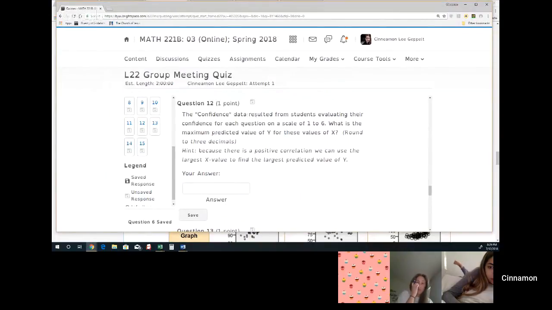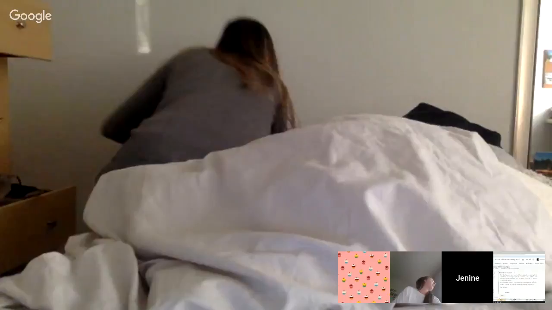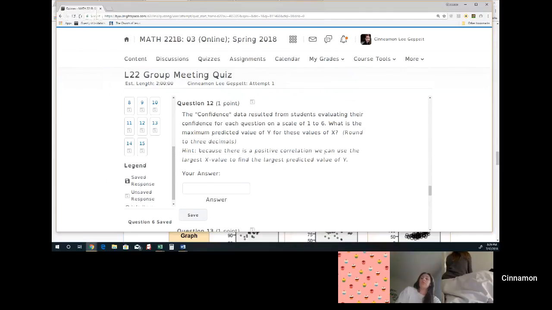The confidence data resulted from students evaluating their confidence for each question on a scale of 1 to 6. What is the maximum predicted value of y for these values of x? And because there is a positive correlation, we can use the largest x value to find the largest predicted value of y. So basically we're just substituting the 6 for x.